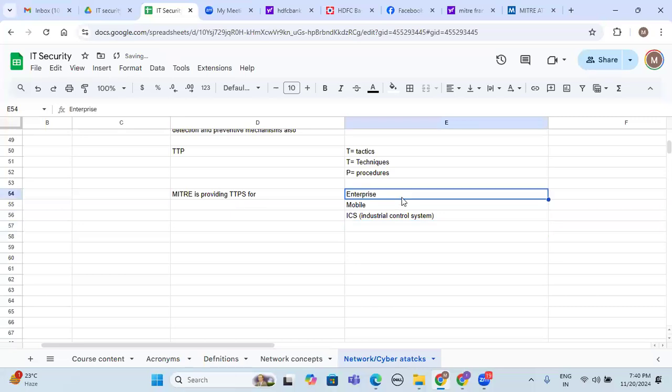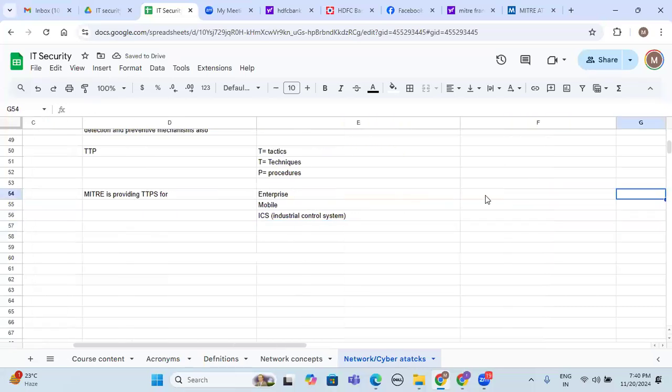Enterprise, there are three different types of organizations we do have existing. One is called small scale industry. Second one is called medium scale industries. And finally, enterprise level or large scale industry.